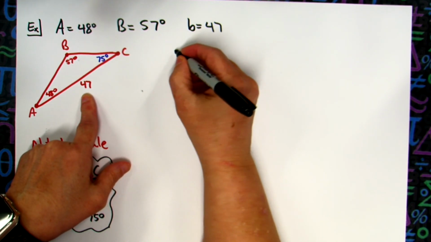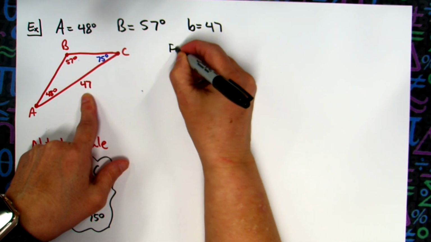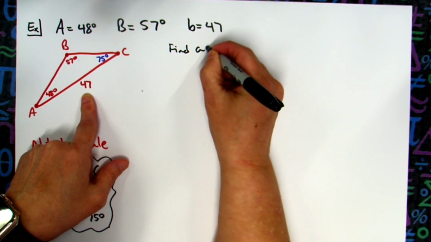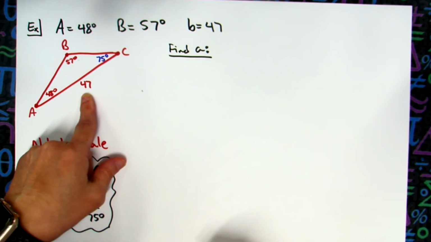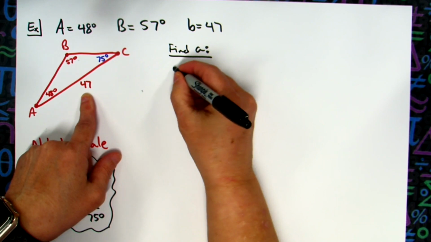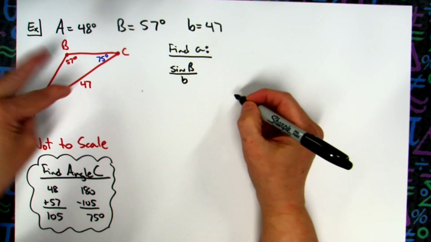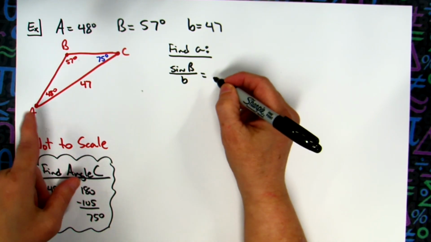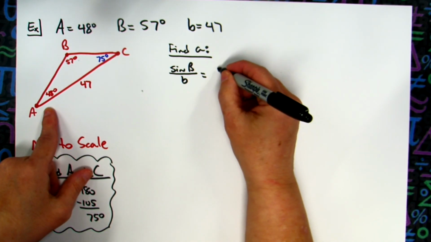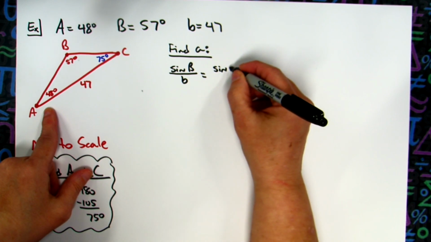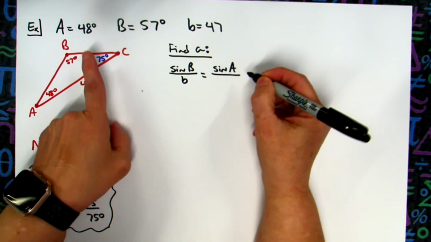So I'm going to write, let's see, I said I wanted to find a. So we're finding little a, side a. Then I'm definitely going to use sine of B over little b because they gave me those 2 values. They also gave me the angle for A, sine of angle A, but I'm trying to find little a.